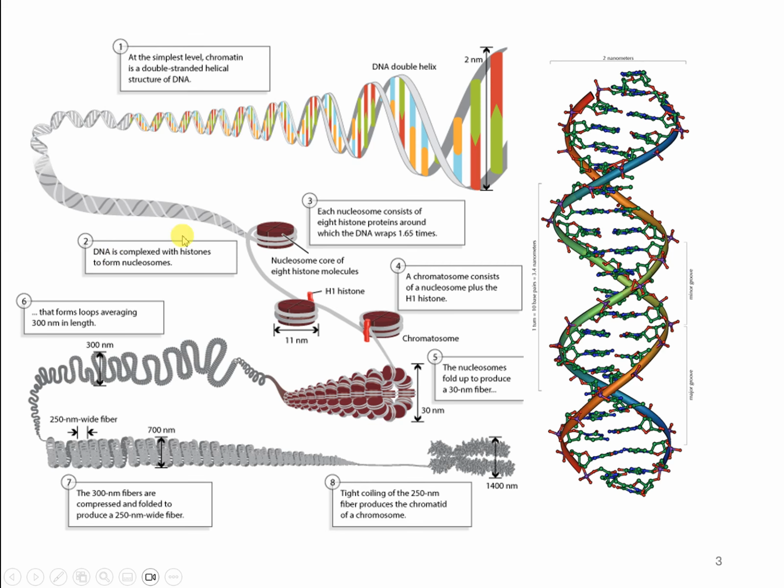In the second organizational level, the double helix of DNA coils around a protein that we call a histone, making a complex structure that we call a nucleosome.